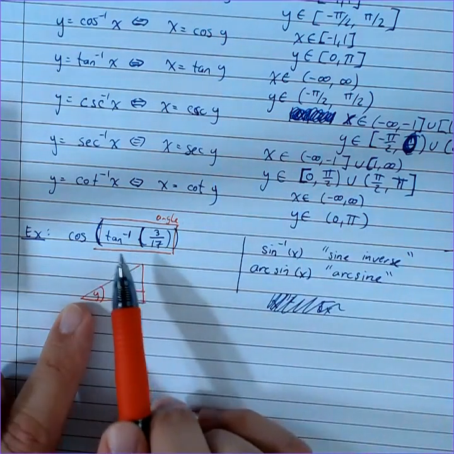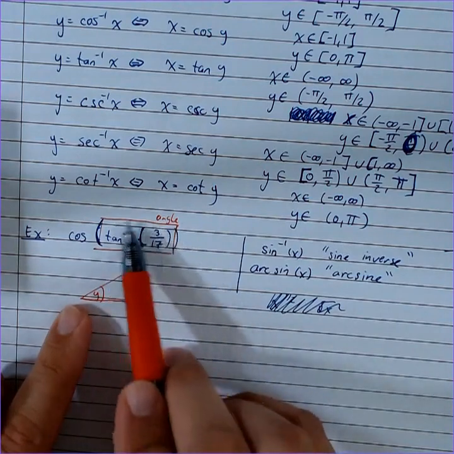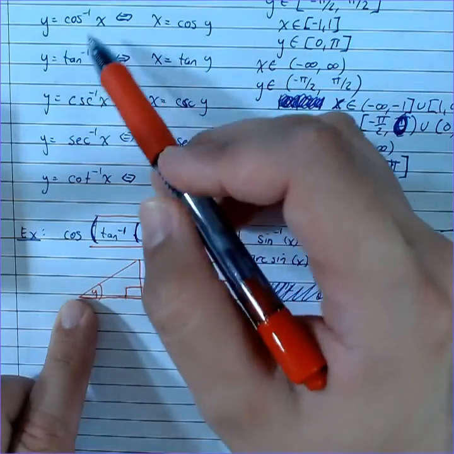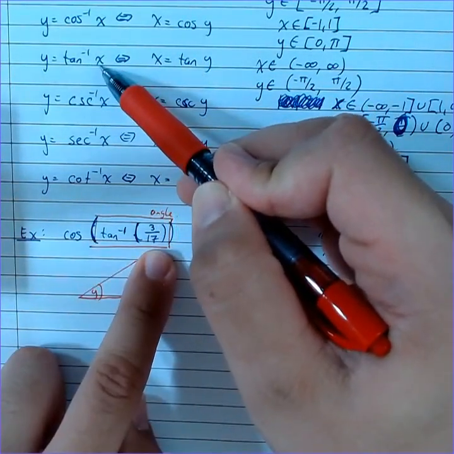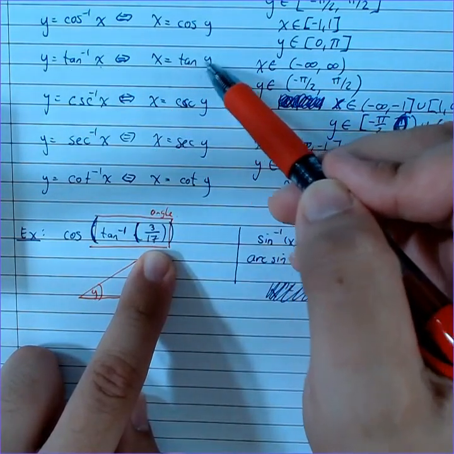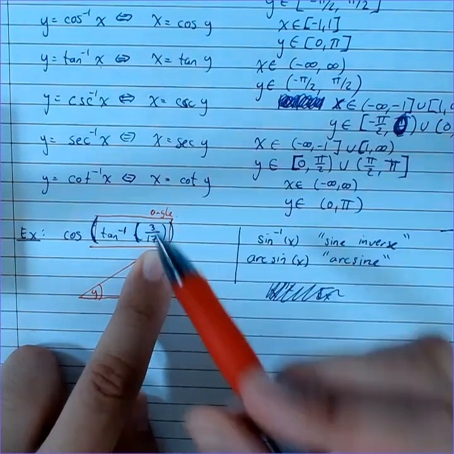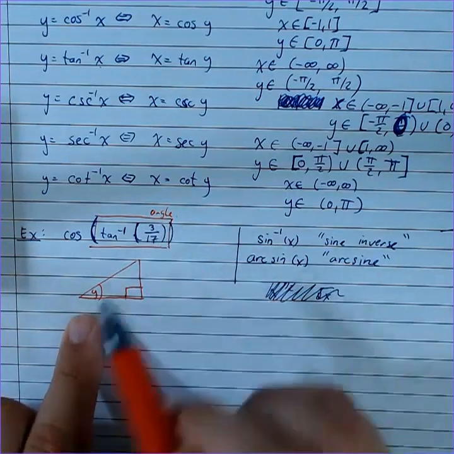Or in my case, the tangent of this y is this 3/17. Right? Because after all, that's what our definition says. When I say I want the arctangent of that number, what I'm saying is I want some angle. Which angle? The angle whose tangent is that x number. So y has a tangent that's 3/17.